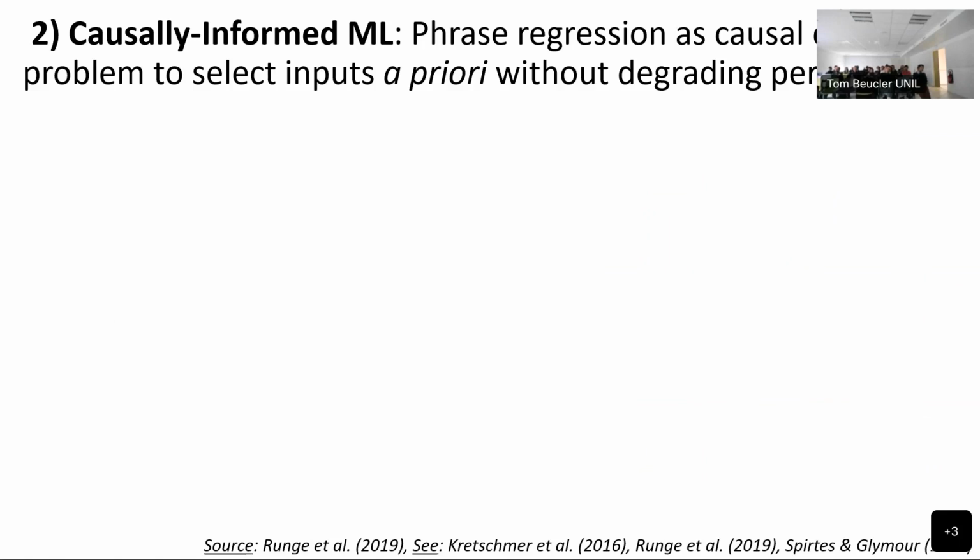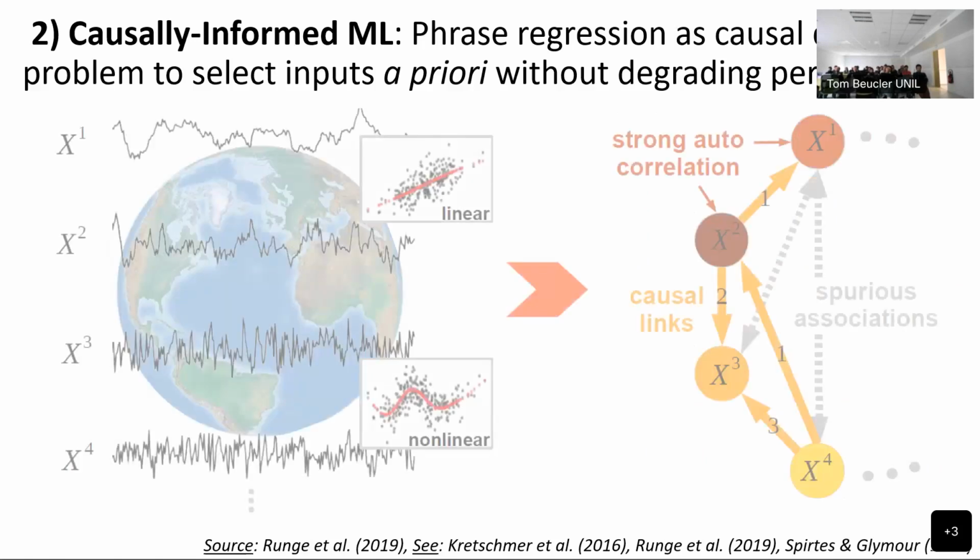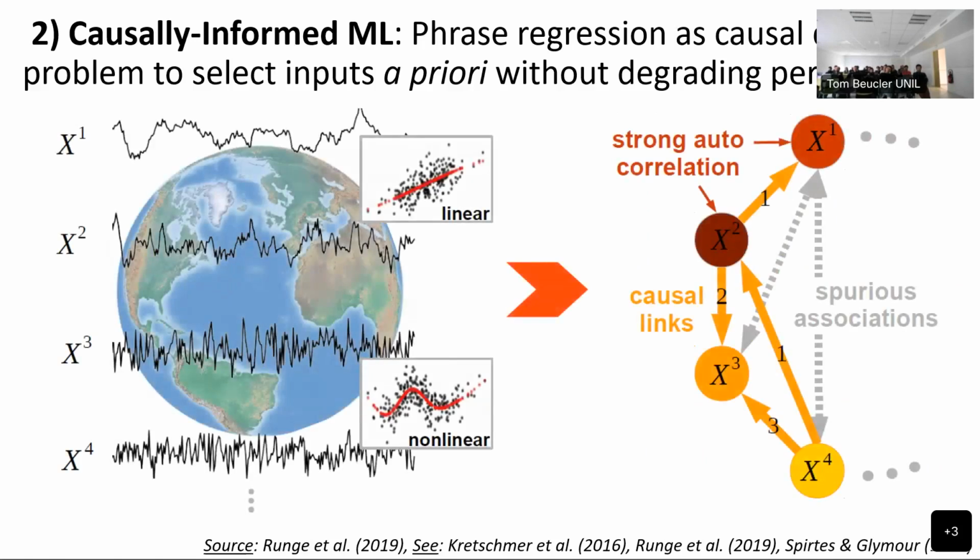The hope is to do that without degrading performance. For that, we rely on learning from observation, because you can't really act on the Earth system, or at least you probably shouldn't, to order one.